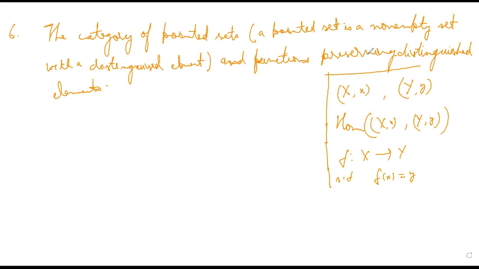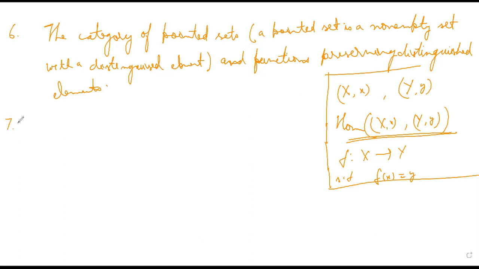So it preserves the distinguished element: the distinguished element in capital X goes to the distinguished element in capital Y. If you consider Hom to be this set, then you get another category.